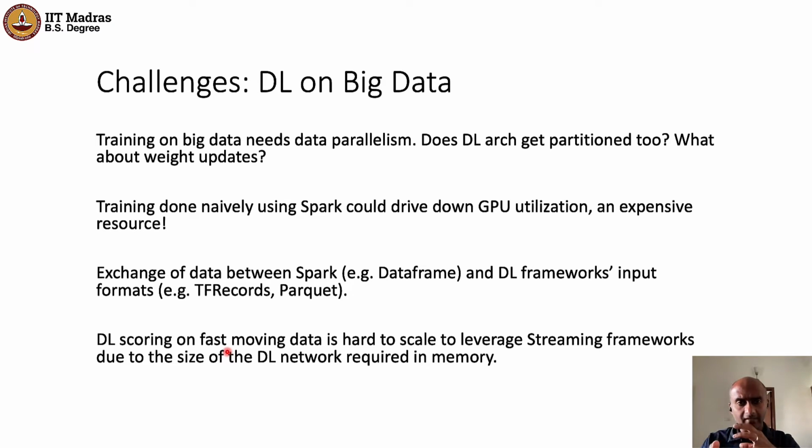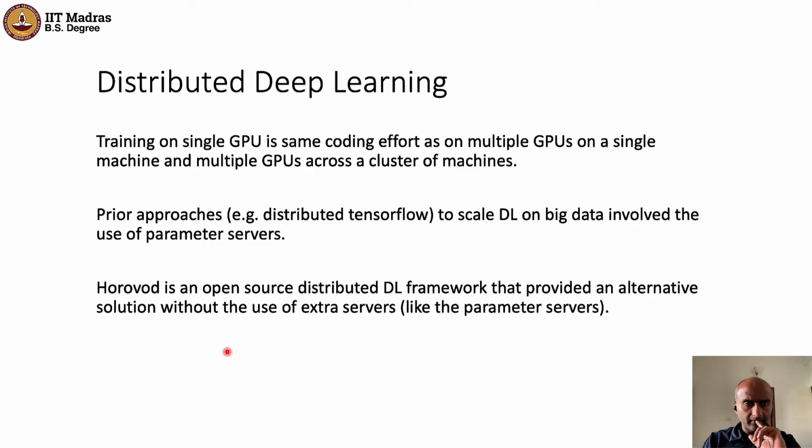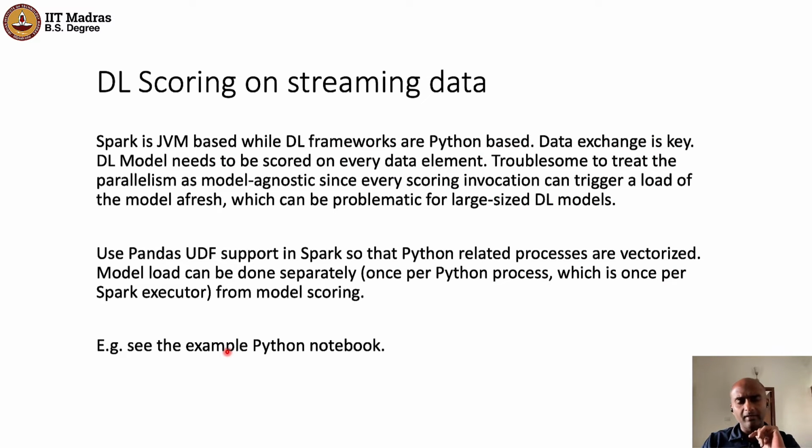Because the size being large means that loading the model for the first time becomes really expensive. If you keep having to load it for every record of scoring, especially for fast moving data, that becomes an absolute non-starter, right? So what is available as a way to work around this?